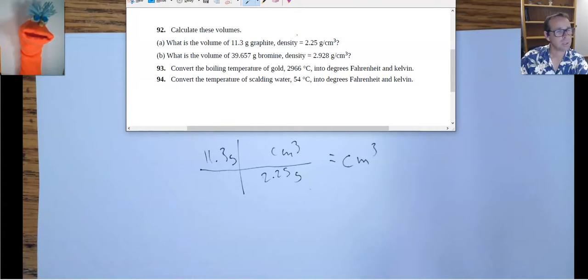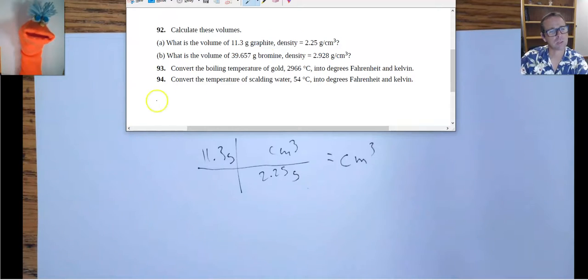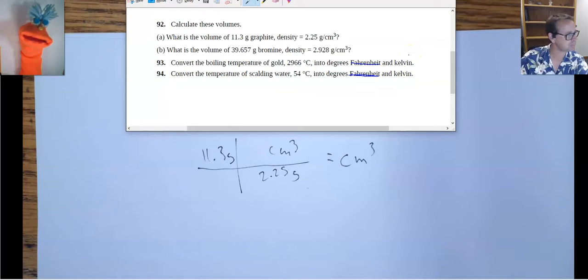All right, 93. Convert the boiling temperature of gold into degrees Fahrenheit and Kelvin. I'm not interested in anybody dealing with Fahrenheit in this class, so we won't worry about that one. But we do want to go from degrees Celsius to Kelvin, and from Kelvin to Celsius.